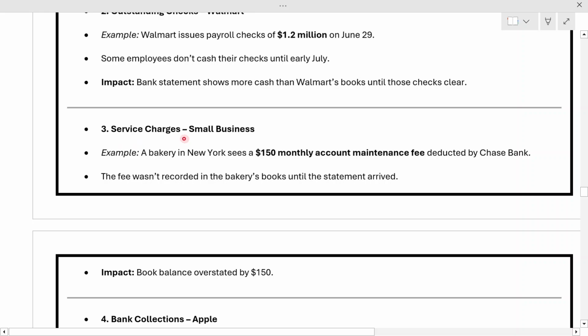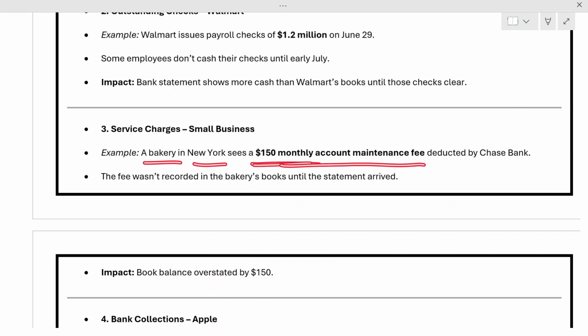There may be a third case, service charges, for small businesses or large businesses as well. There is a bakery in New York which sees a $150 monthly account maintenance fee deducted by Chase Bank. Now this fee wasn't recorded in the bakery's books until the statement arrived, so the book balance will be overstated by $150. Why will it happen?